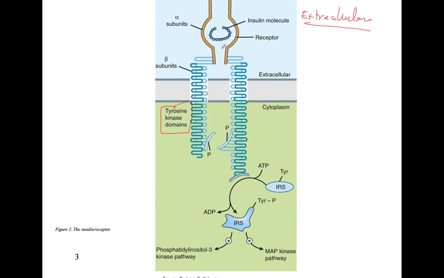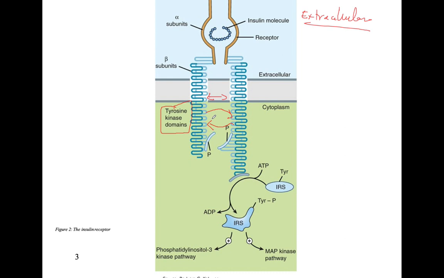Once insulin binds to the alpha subunit, there is a conformational change that allows the beta subunits to get closer together. Insulin binds, the beta subunits get closer together, and then what happens? The tyrosine kinase domains begin to phosphorylate each other. So this domain is going to phosphorylate this one, and this one in turn is going to phosphorylate this one.